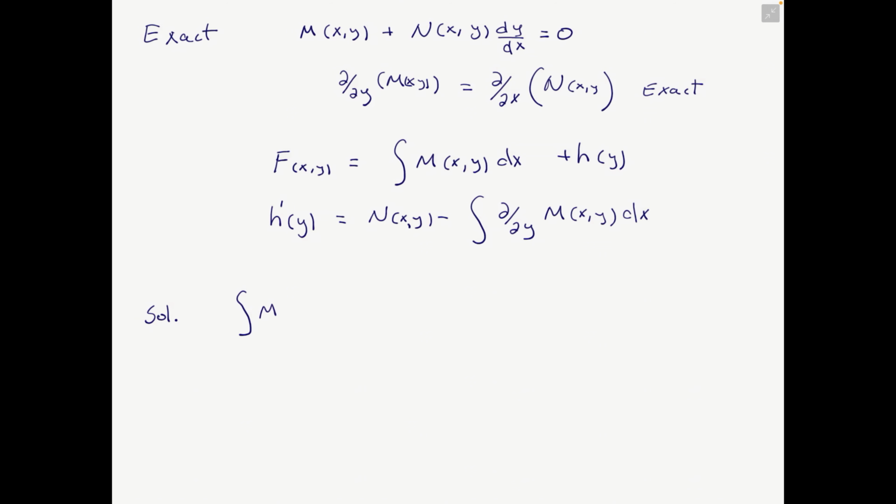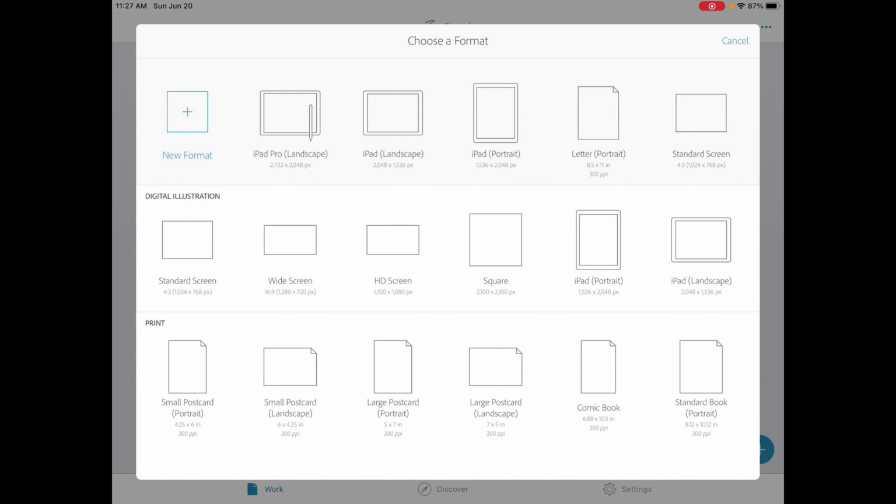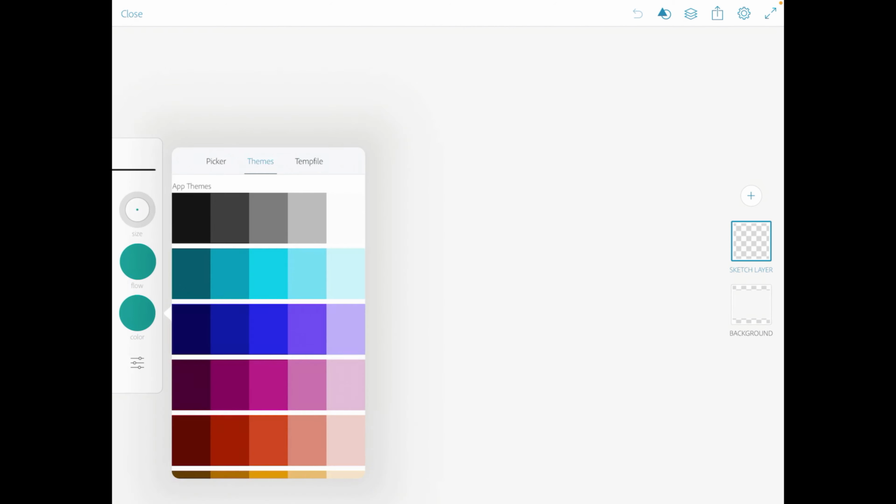And then once we have the solution, it's all equal to C. So the solution is given by this, and then we can use y of x0 equals y0 and solve for the constant.